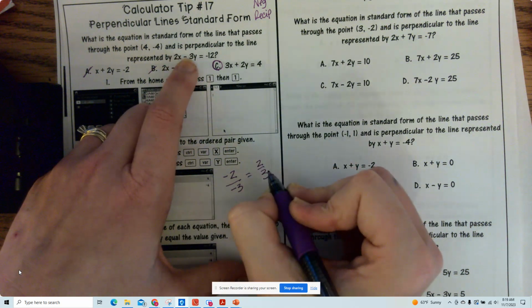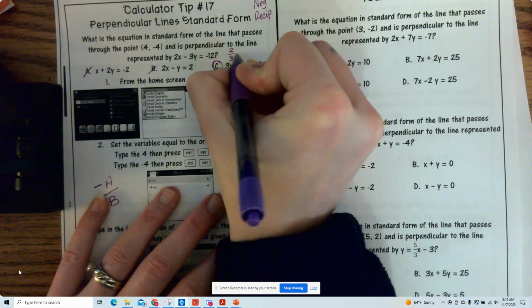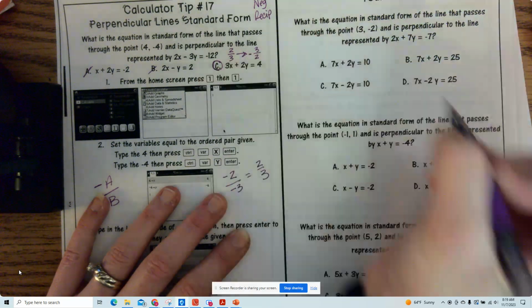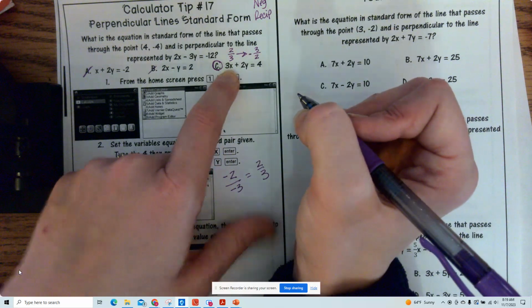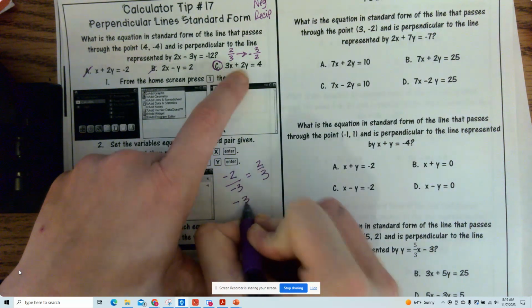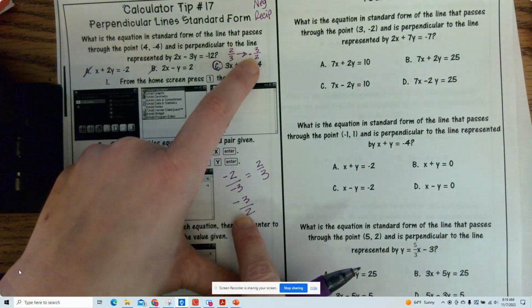So that's the slope of this line, okay, 2/3. Negative reciprocal, flip the fraction on its head, change the sign. That's the slope that I need. So this one, -a. A is a 3, so we change the sign. B is a +2. Its slope matches what I need.